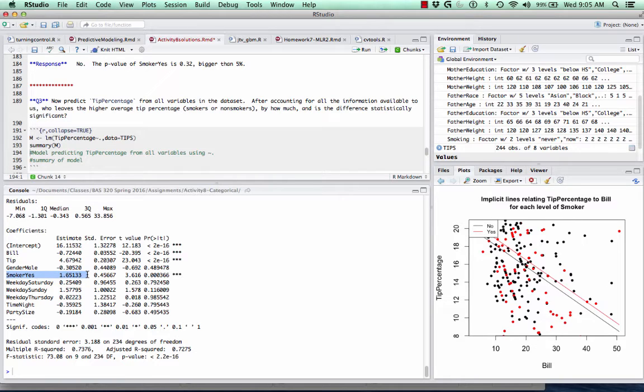It's basically telling us that when we compare two parties that are otherwise identical, meaning they had the same overall bill amount, they left the same overall tip, they were paid by the same gender, it was on the same day, at the same time of day, and the same party size, the difference in average tip percentages between tables seated in the smoking section versus non-smoking section is 1.65 percentage points.